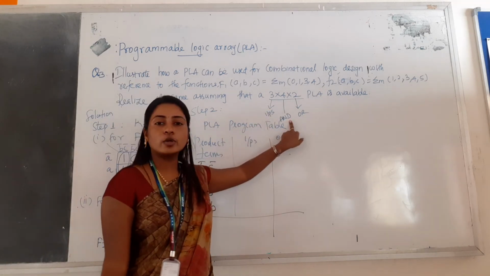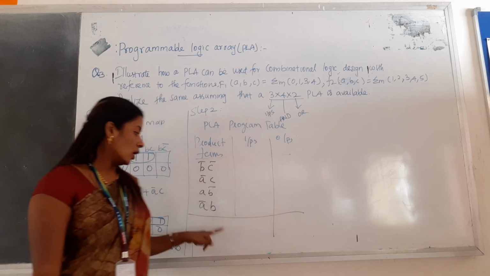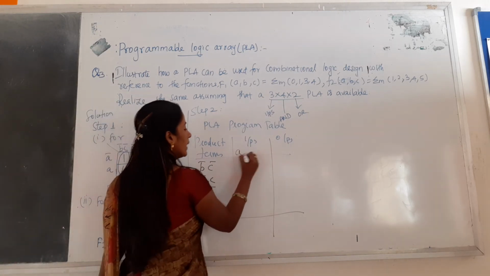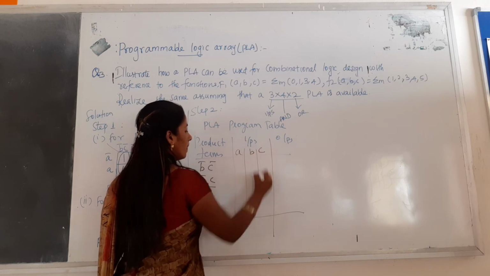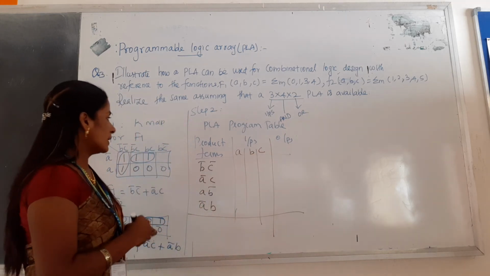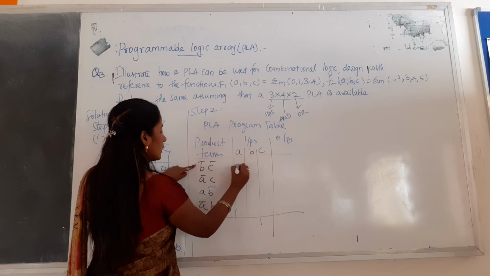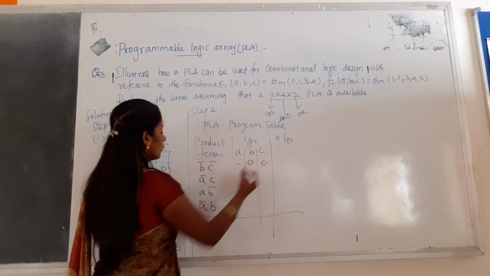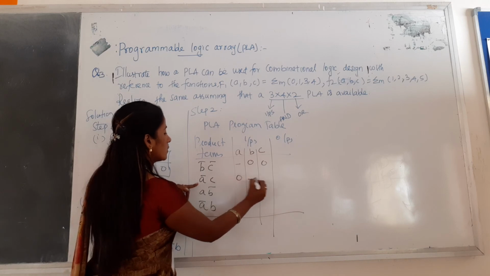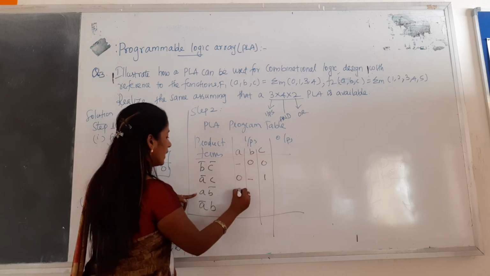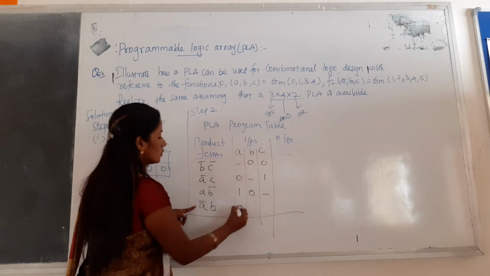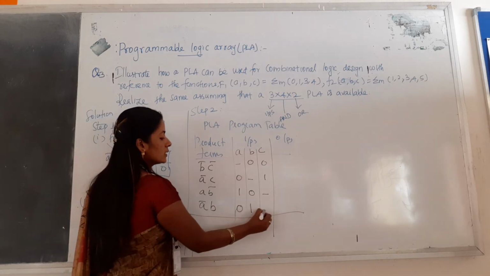Because I have 4 AND gates, I should get 4 product terms, and I got them. Next the inputs A, B, C. For B bar C bar, A is not there, B bar is there so 0, C bar is there so 0. For A bar C, A bar is 0, B is not there, C is 1. For A B bar, A is 1, B bar is 0, C is not there. For A bar B, A bar is 0, B is 1, C is not there.